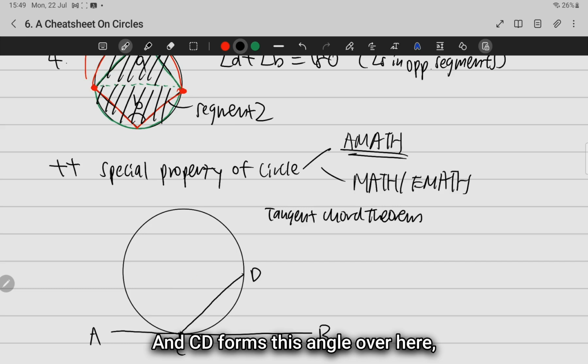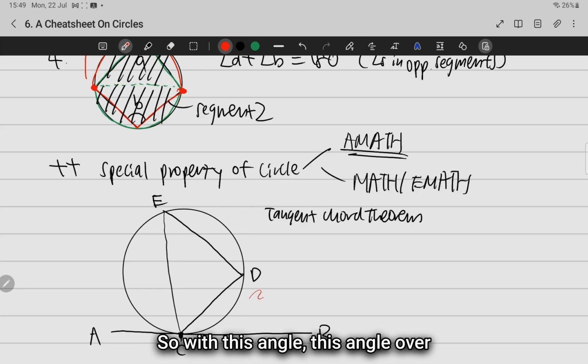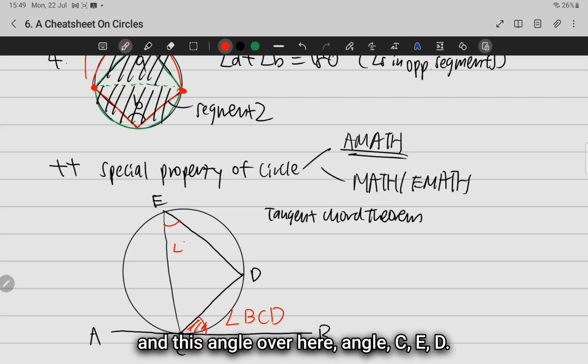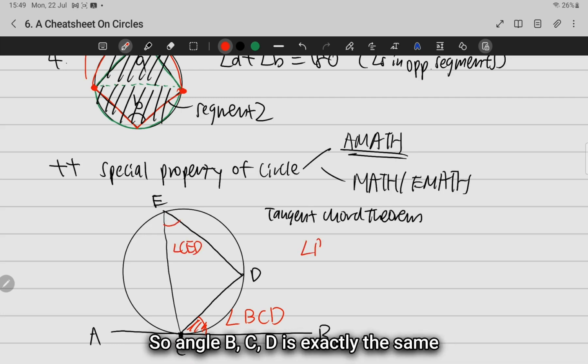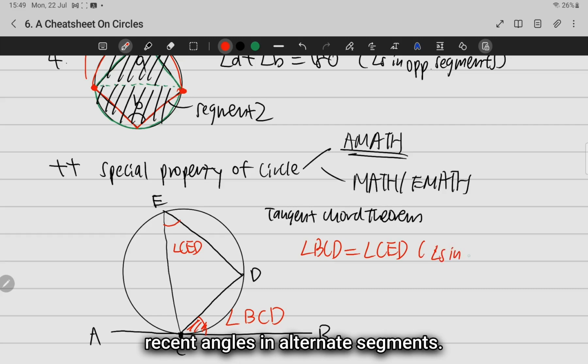And CD forms this angle over here, which touches the circumference of the circle, and we call this E. So with this angle over here, angle BCD, and this angle over here, angle CED, angle BCD is exactly the same as angle CED, and we call this reason angles in alternate segments.